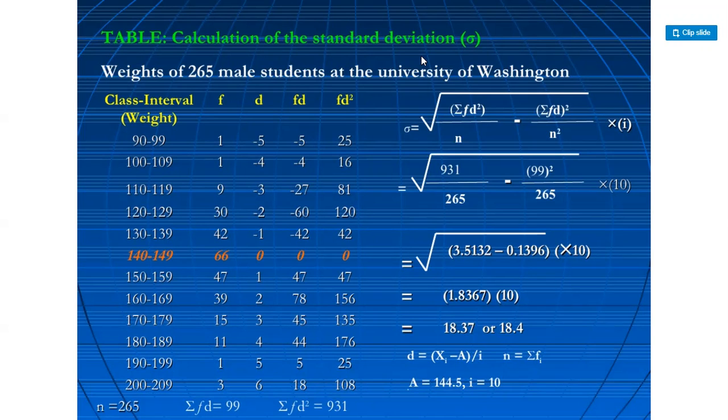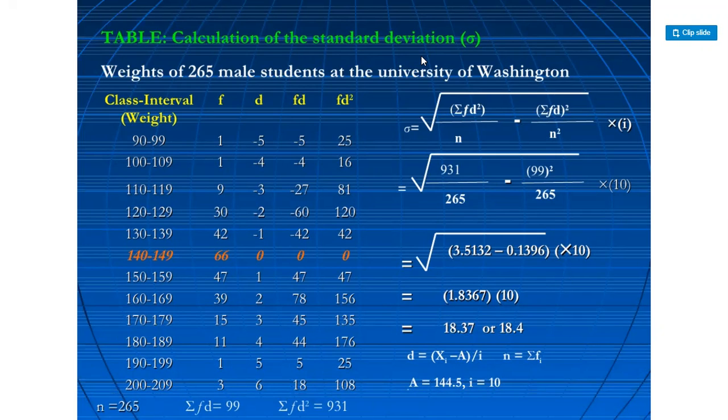We have already found the mean with the help of three methods, direct and others, and now we are using the step deviation method. In the step deviation method, we take the data in different steps to make it easier. Here the frequencies f are given as 1, 1, 9, 30, 42, 66, 47, 39, 15, 11, 1 and 3.